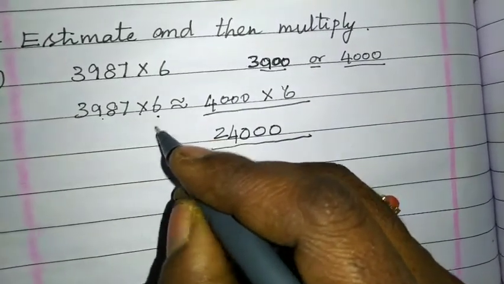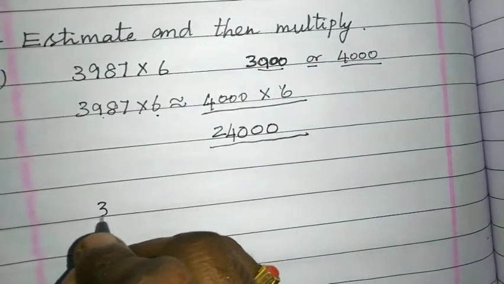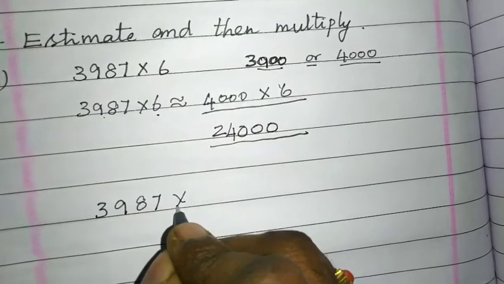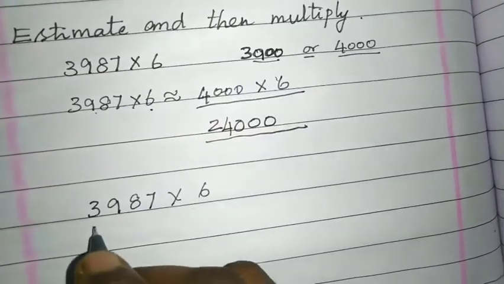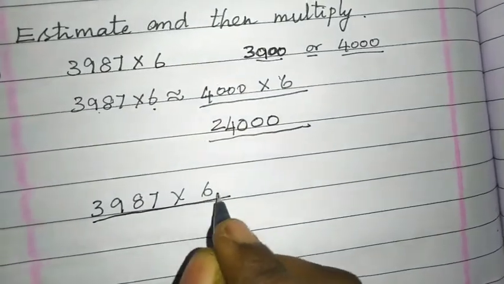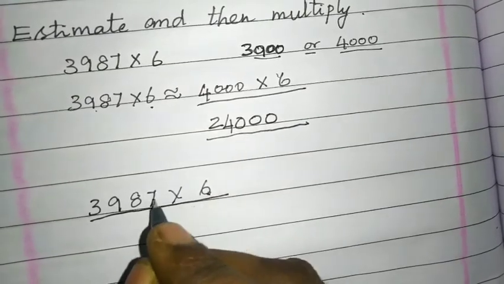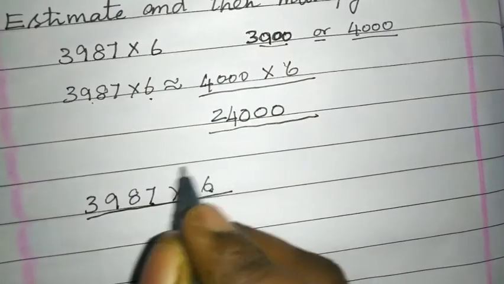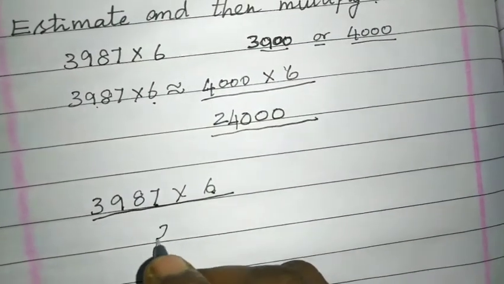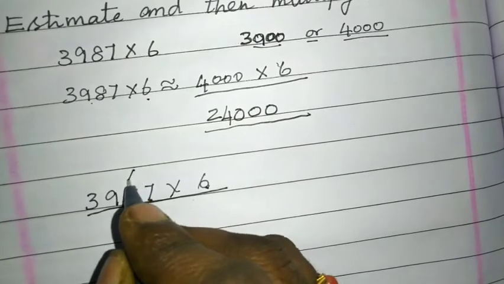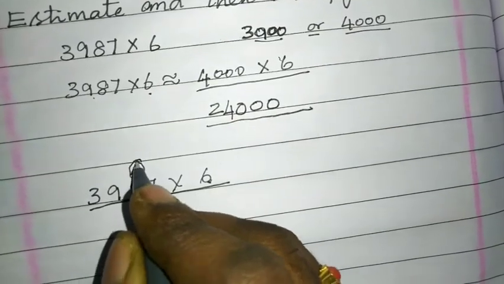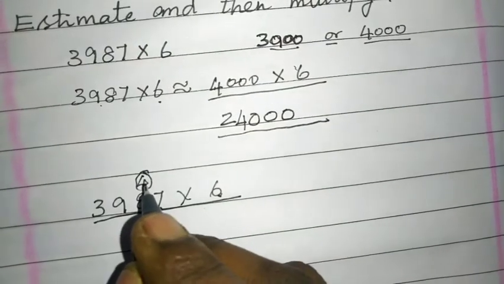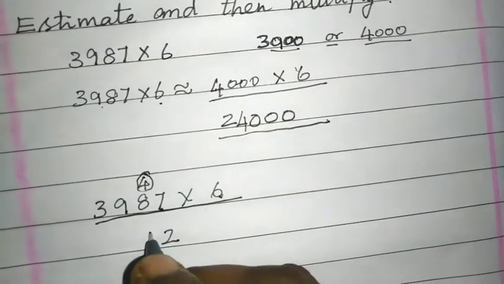3,987 into 6, normal multiplication. You have to do normal multiplication, dears. Multiply the number 6 with all the 4-digit numbers. Start from the ones place. 7 6s are 42. So you have to write 2. 4 goes to the tens place. 8 6s are 48. 48 plus 4, 52.